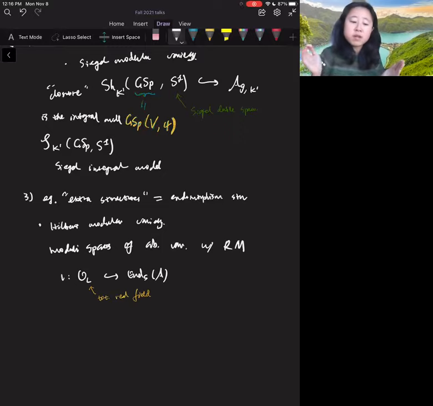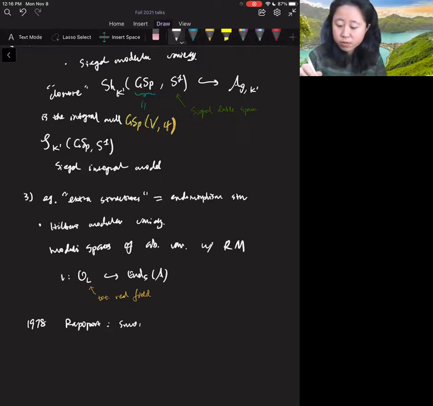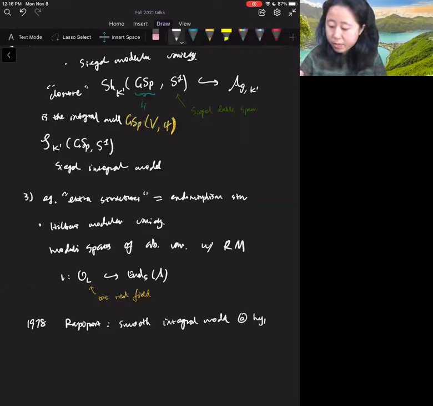And these Hilbert modular varieties have nice integral models, and more precisely at hyperspecial level. So in the case of good reduction, Rapoport constructed integral models. So these are smooth integral models at hyperspecial level.